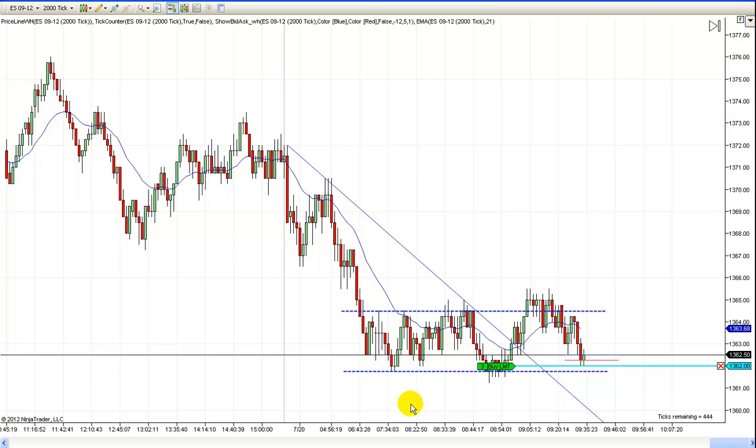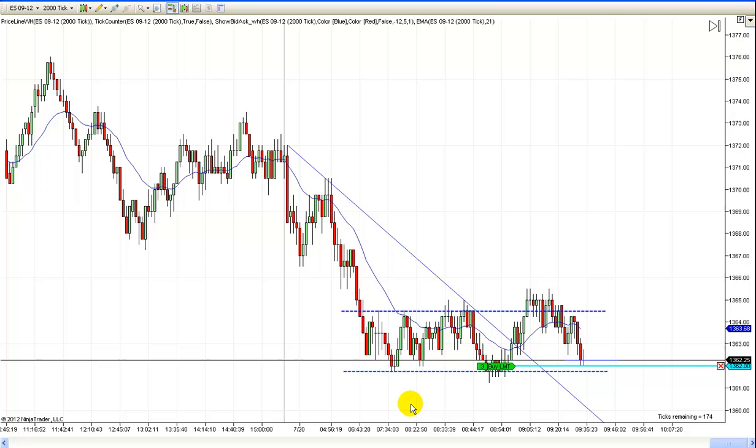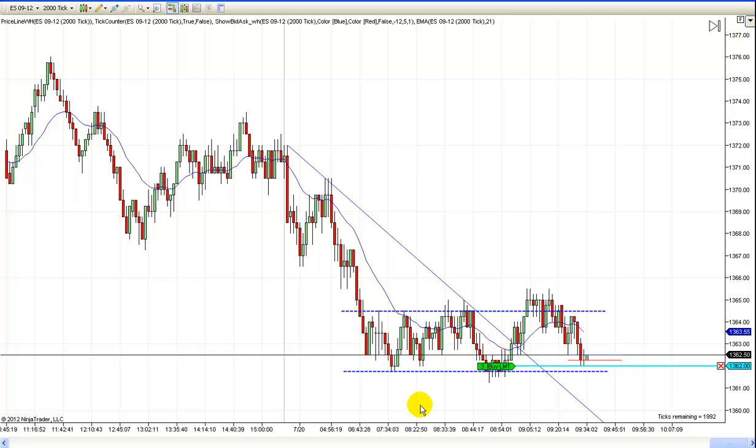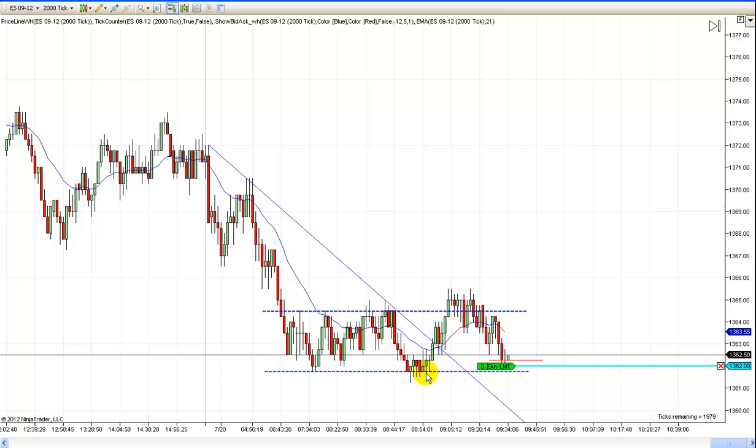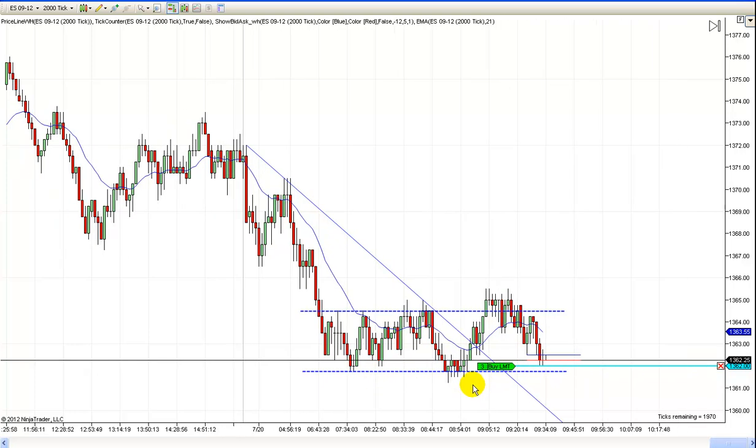I'm not the only one looking to buy here, and that's the reason it just can't get through that area right there. But this is where most closes are. Let me move this over where you can see this. You can see all the closes have been mostly right along here, so that's the key support area that I like. Now we got a little overlap here.